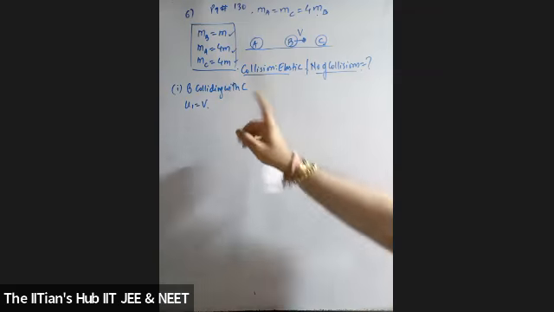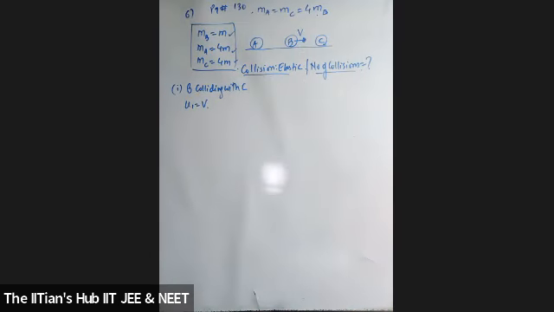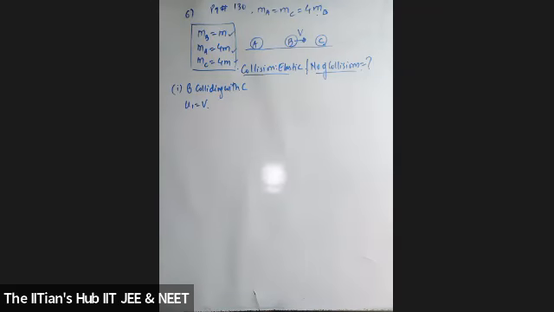How did you get the velocity of C? I used the same formula: (m2 minus m1) divided by (m1 plus m2) into u2, plus 2 m1 u1 divided by (m1 plus m2). Okay, fine. Then for the collision of B and A, I again used the formula. Here the initial velocity of B would be minus 3 by 5 V meter per second.